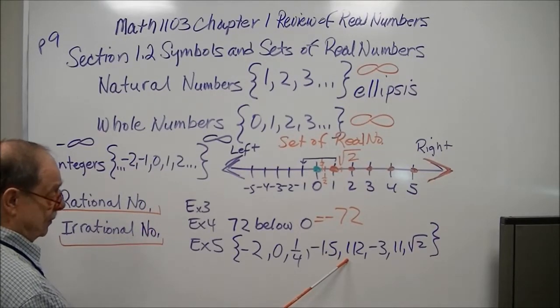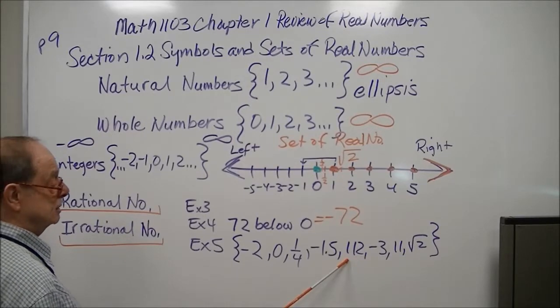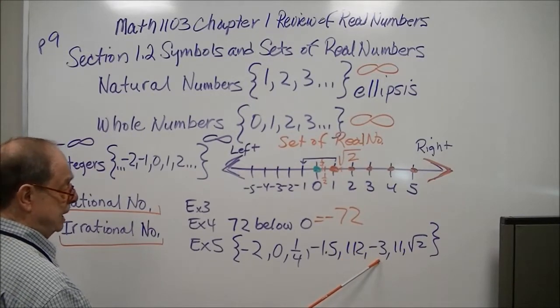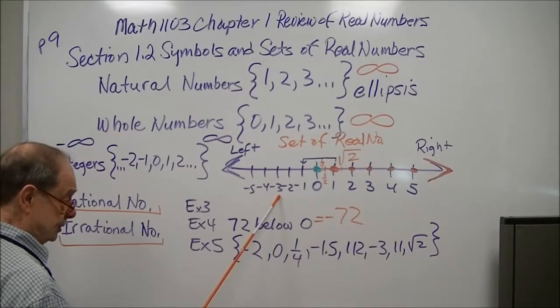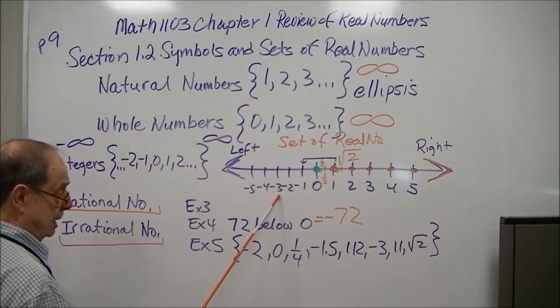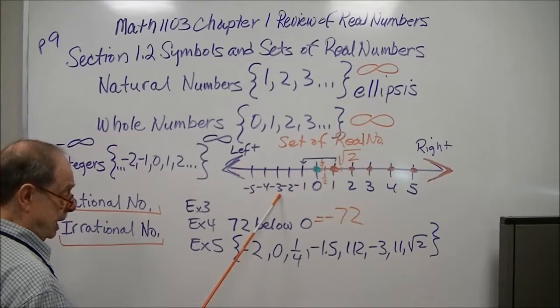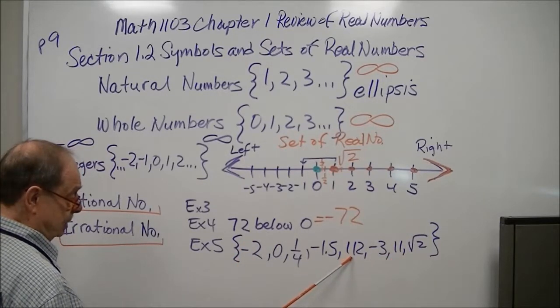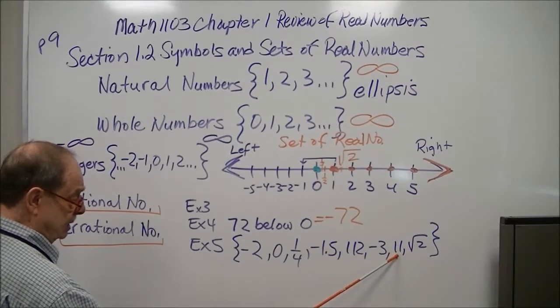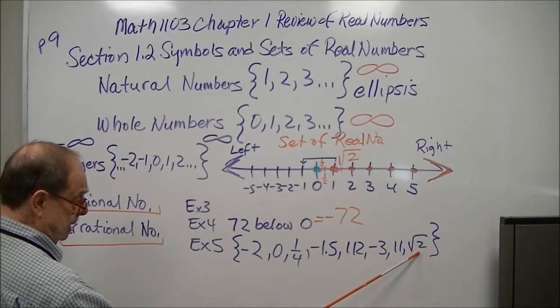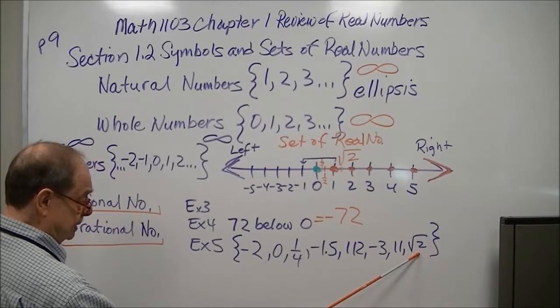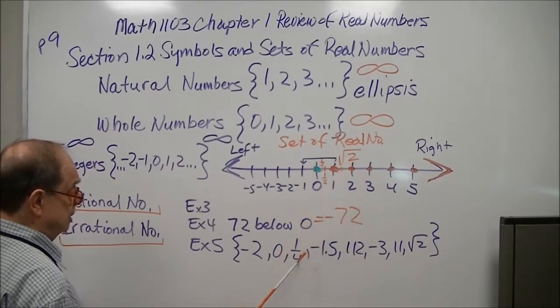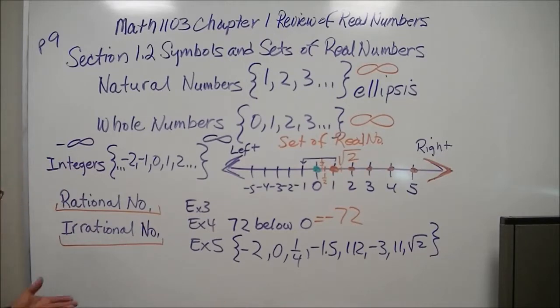The only thing 112 isn't is irrational. Negative 3 is an integer, rational, and real. 11 is the same as this one. Everything but irrational. And then the only one that's irrational is this square root of 2, which we said approximates to something, but it doesn't terminate as a decimal.